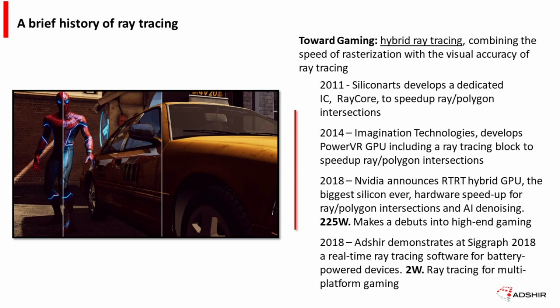Then in 2014, a bigger company, Imagination Technologies, produced a GPU which has hardware in it which speeds up ray tracing. This is special purpose hardware. Now, it was a kind of try.